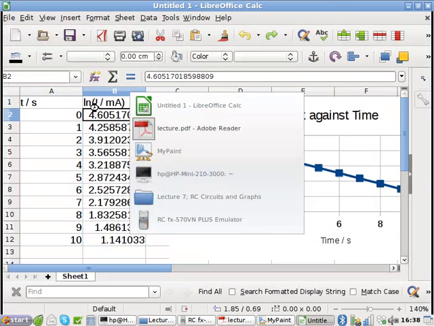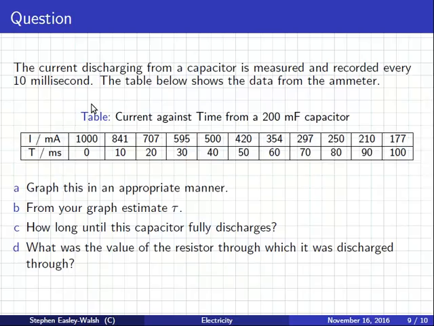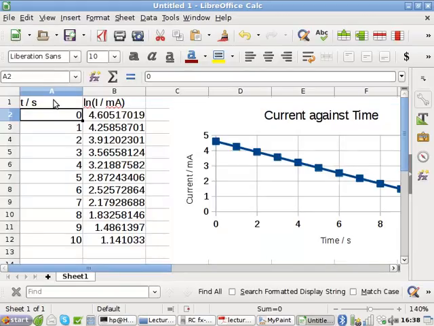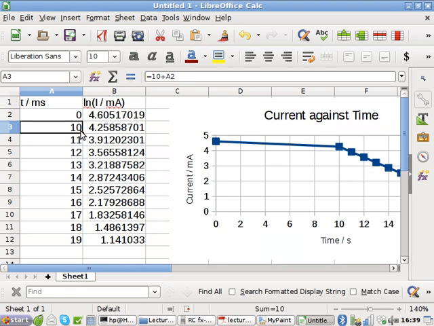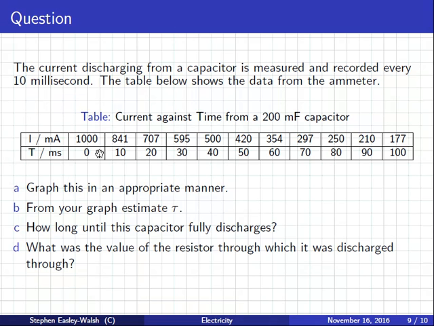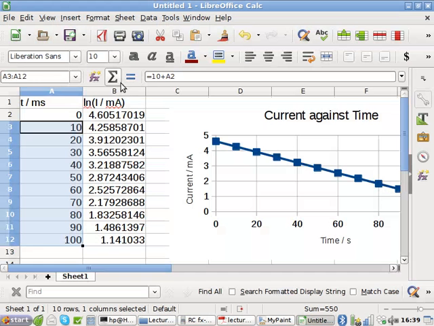And what unit is the time? Be careful, milliseconds. So the time here is milliseconds, and it goes from 0 to 100. Okay, next I need the current. It's in milliamps.